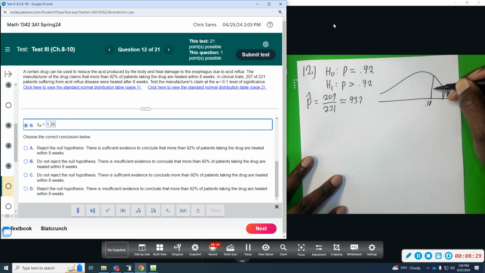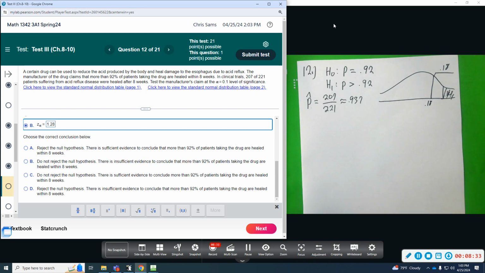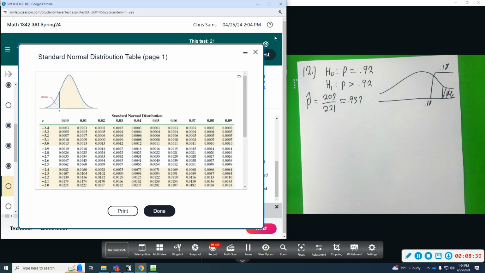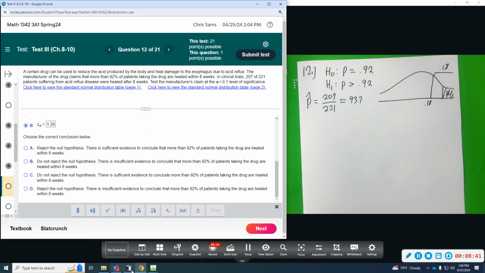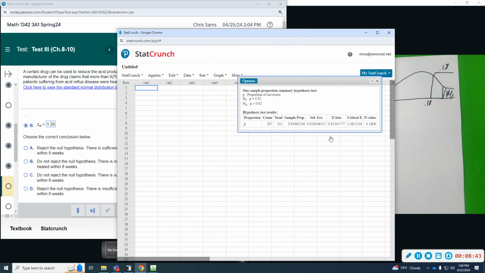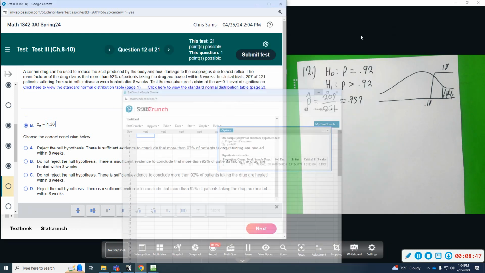That's not the value right here. It's just saying this over is 0.18. That's the p-value that we're getting from our output. Not that one, from this one. So 18 is bigger than 10, so it doesn't fall in the rejection region.